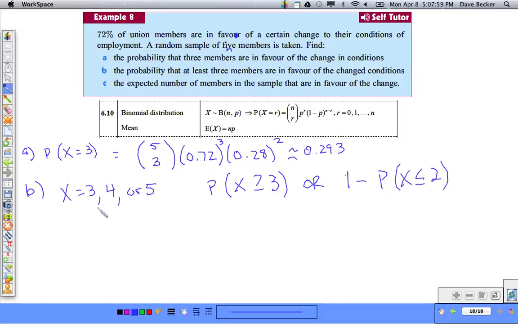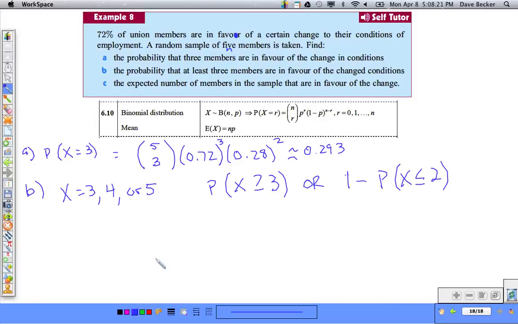Okay? So you could figure out all of these individually, or you can think about it like this. So you would have to do this 3 times. Or our calculator will allow us to do this. Now this is less than or equal to, so this is the cumulative that I was talking about.